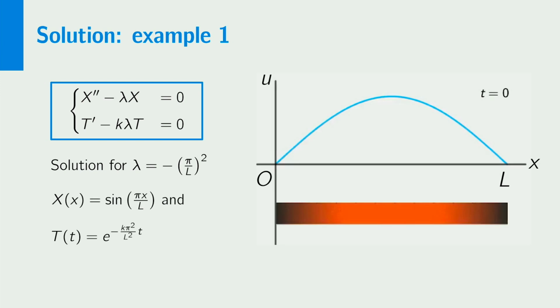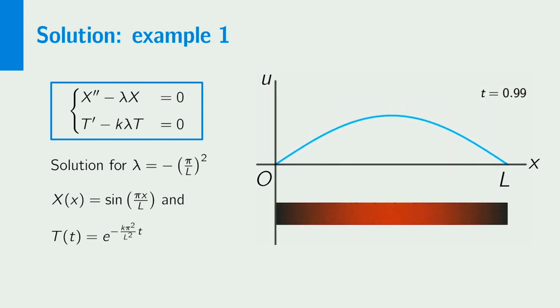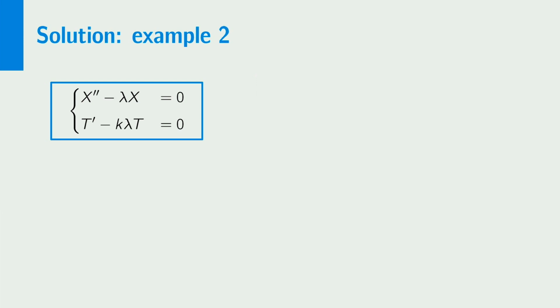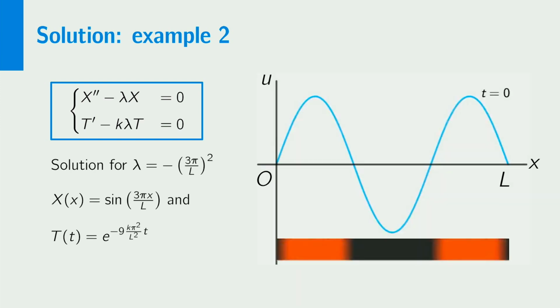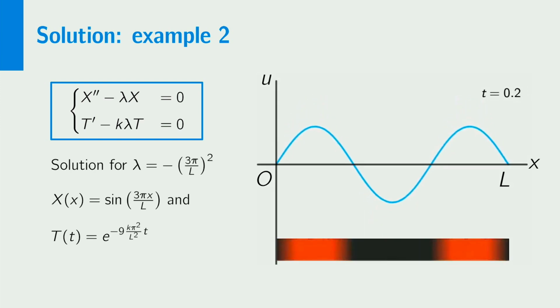The spatial distribution of the heat at each instant of time is a sine function, but as time progresses, the amplitude of the sine will decay exponentially. Another solution is obtained when lambda equals minus the square of 3 pi over L. Note that in this case the exponential decay of the heat profile happens much faster.